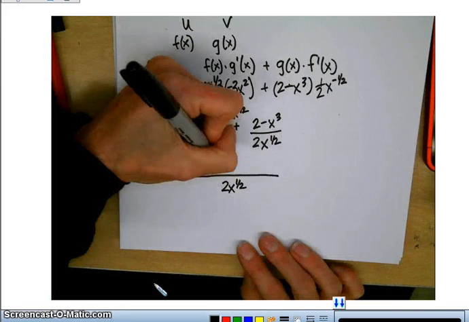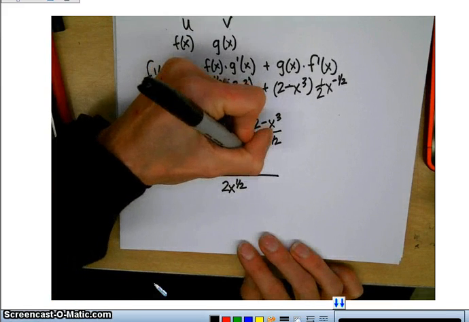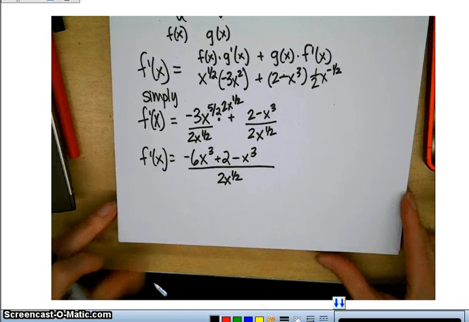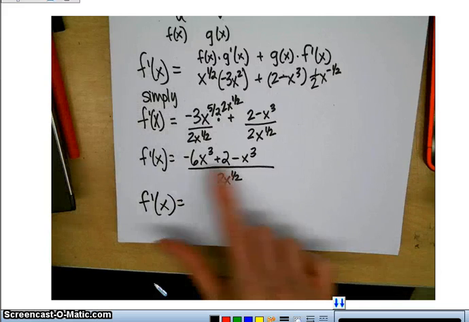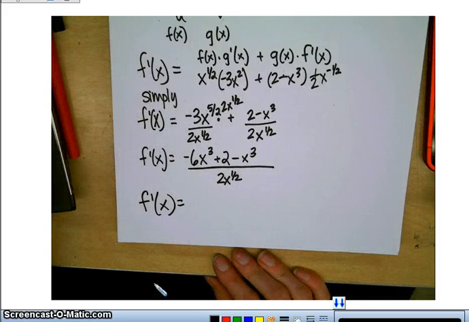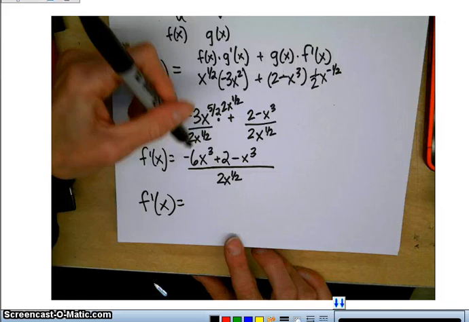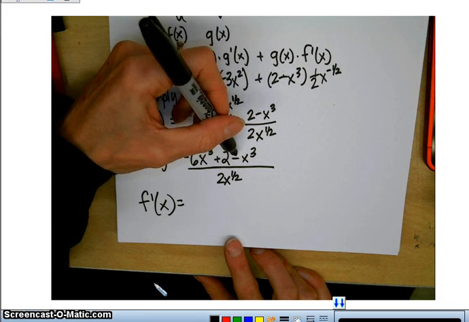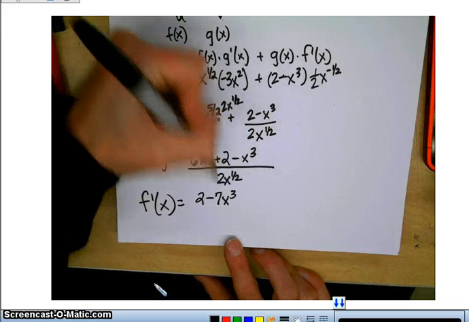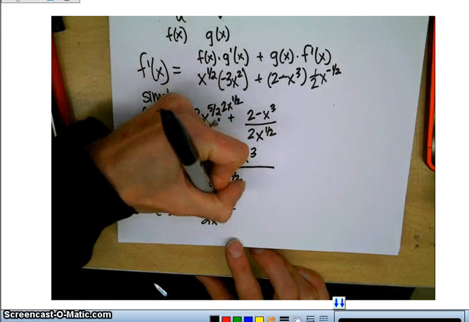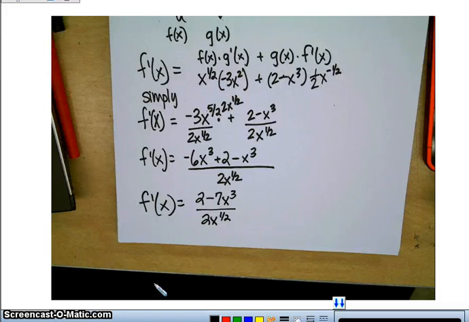No. So I'm just going to write plus 2 minus x cubed. Are we done yet? One more step and our derivative will be simplified. What goes together on the top? Negative 6x cubed minus 1x cubed is, so I'm going to write 2 minus 7x cubed all over 2x to the 1/2. And I'm done.